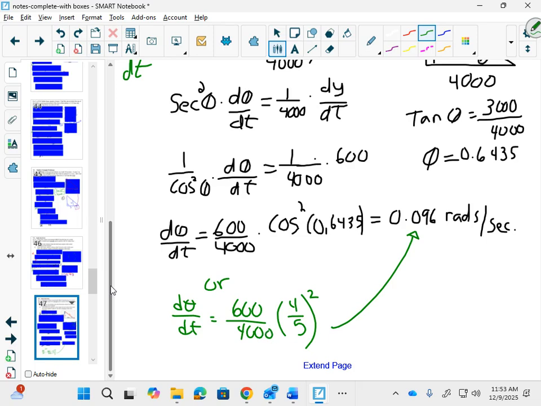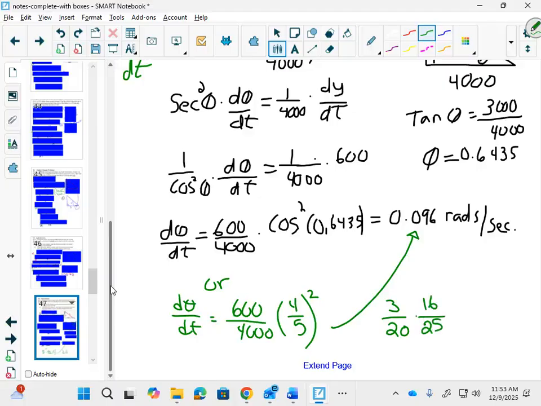So could I simplify this even more? Sure, this could be 3. This would be 6 over 40, which is 3 over 20, times 16 over 25. Beautifully. Okay, it's going to come eventually.